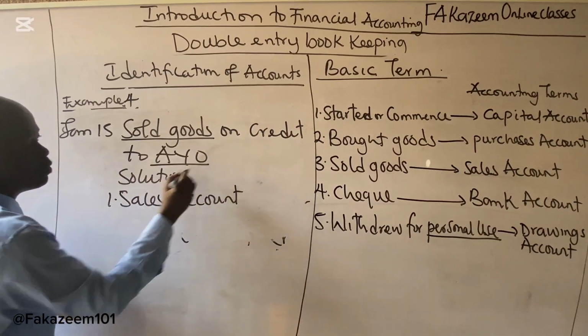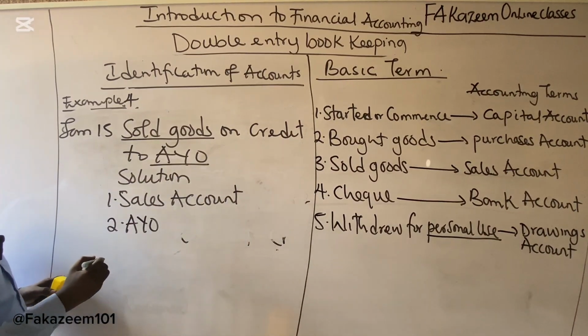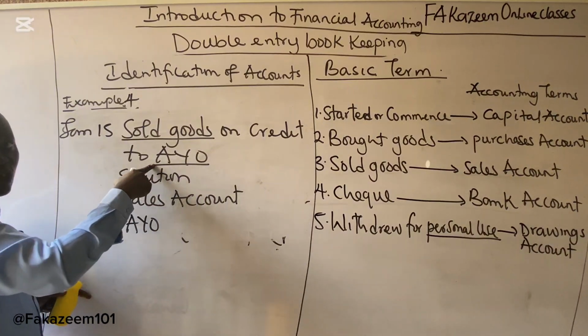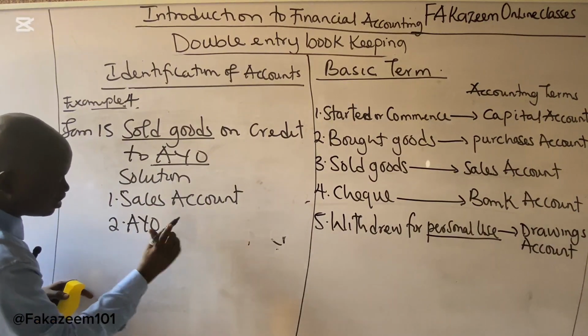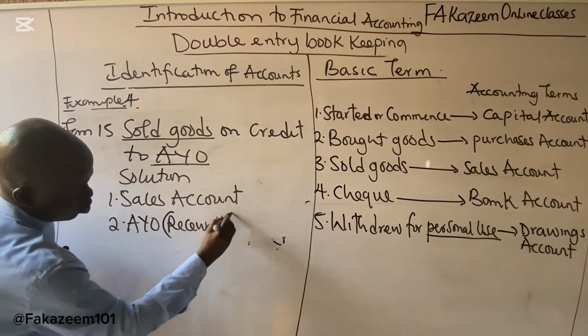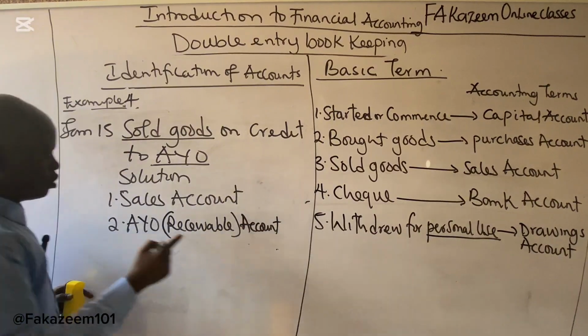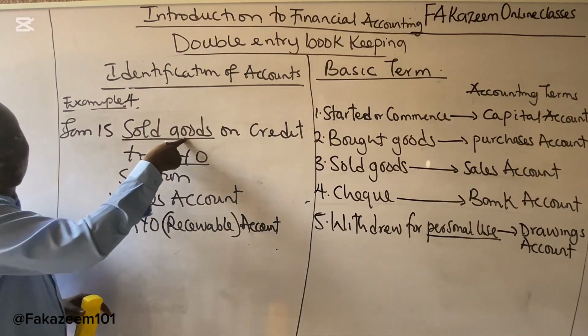And the second account is the person they sold to, which is Ayo account. This person they sold to is their customer and is on credit. This is what we also call receivable account. What are they selling out? They are selling out goods.